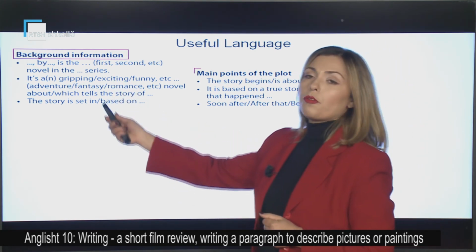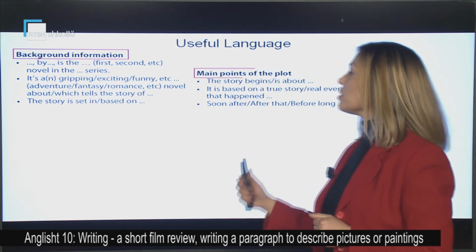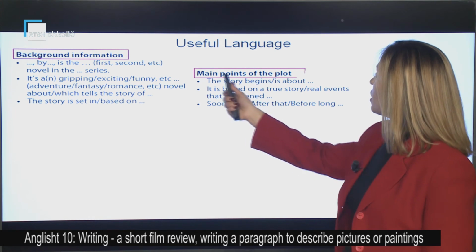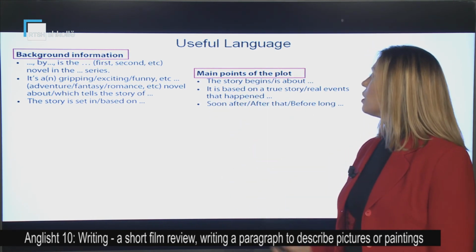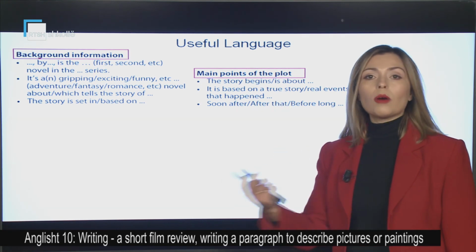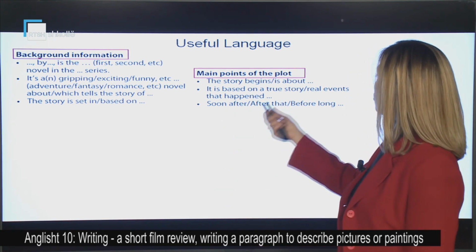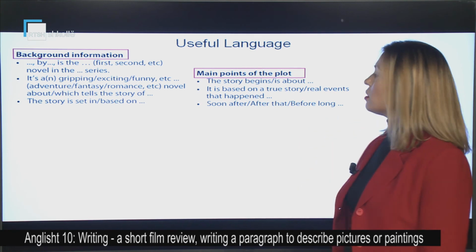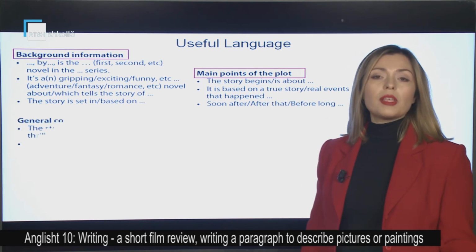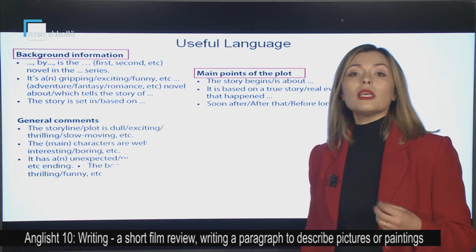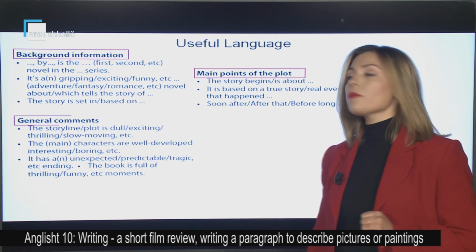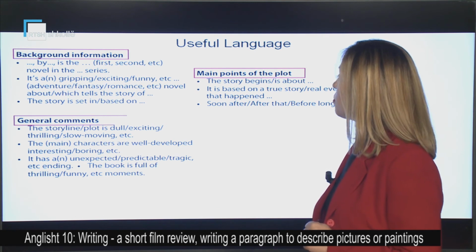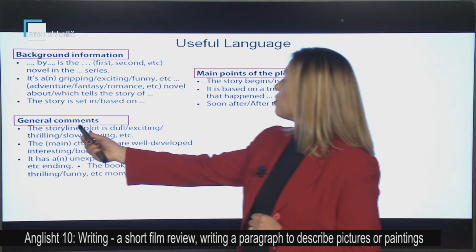After finishing with the first paragraph, we continue with the second paragraph, in which we give the main points of the plot. So how does the story begin? About what? It is based on a true story, on real events. Soon, after this, after that. So we give the main plot, the main events in the second paragraph. We continue with the third paragraph, in which we give some general comments.